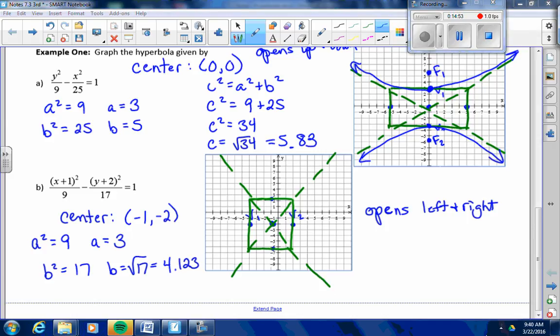Once we have the asymptote lines, then we can draw the hyperbola with one vertex opening to the right, and the other vertex opening to the left. Questions? On this one, could we also find the focal points? Yes. Okay. We've already done it on the first one. I'm not going to do that on the second one. Okay. So let's flip it over to the back.